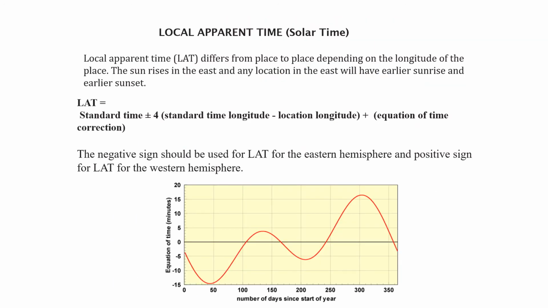Similarly, we had discussed the solar apparent time. What was solar apparent time? It depends upon the position of the sun and the earth, right? It is also called solar time.